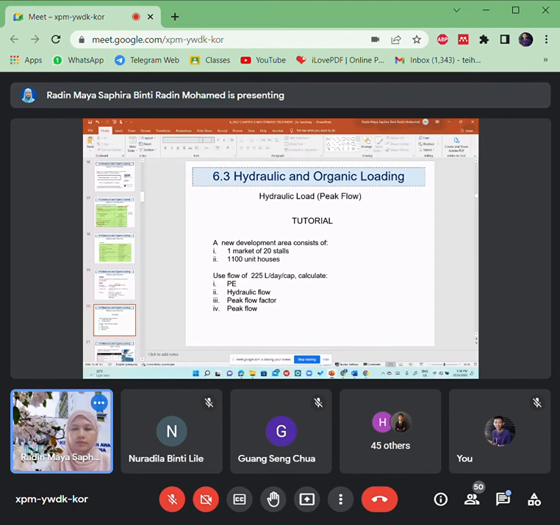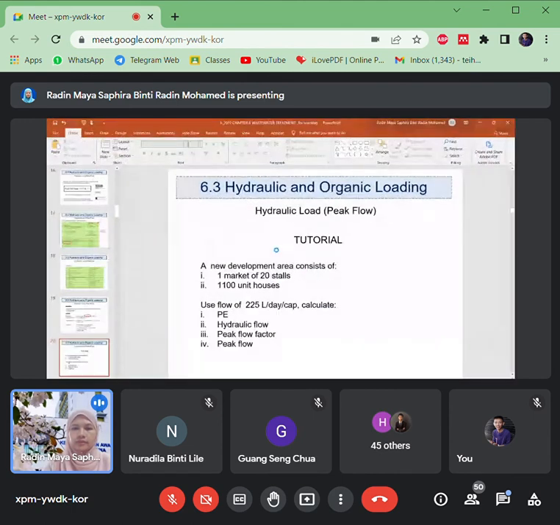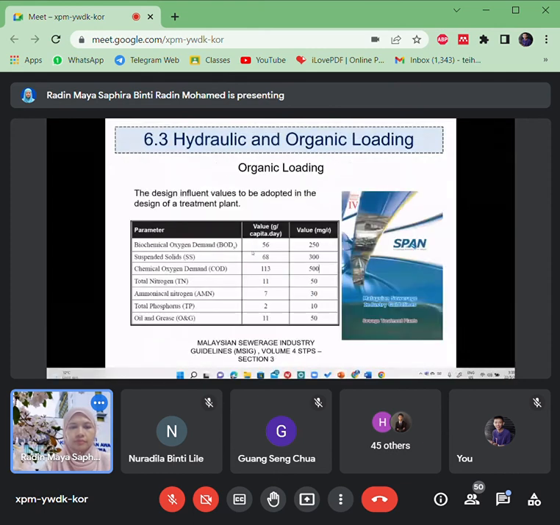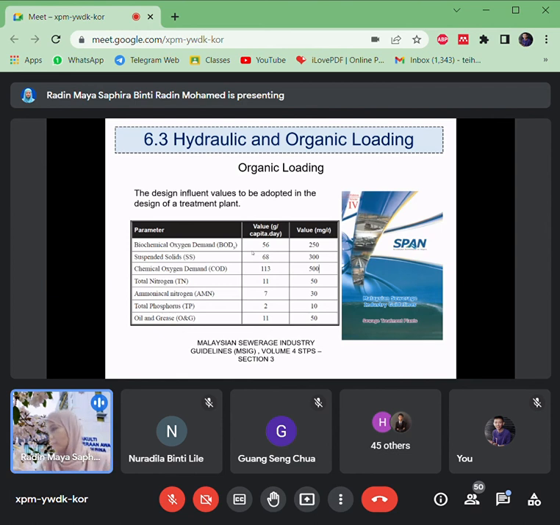Okay, so next is the organic loading. The organic loading is also one of the main criteria for the design. So how much is the value for BOD? BOD is actually our organic matter, the organic matter that flows into the wastewater treatment plant.